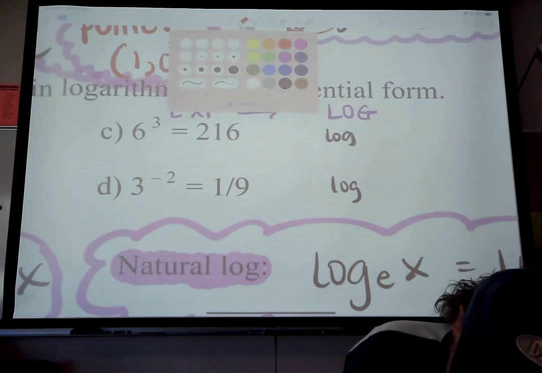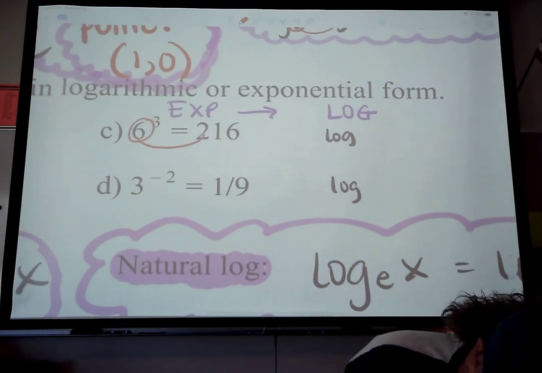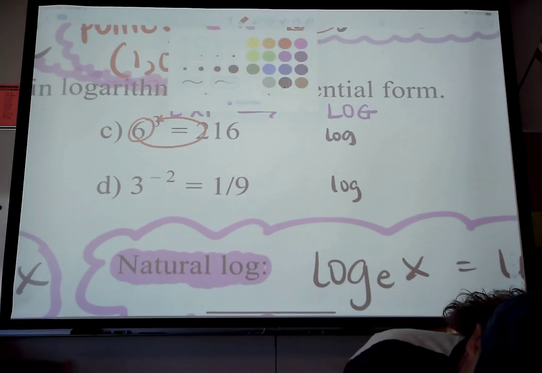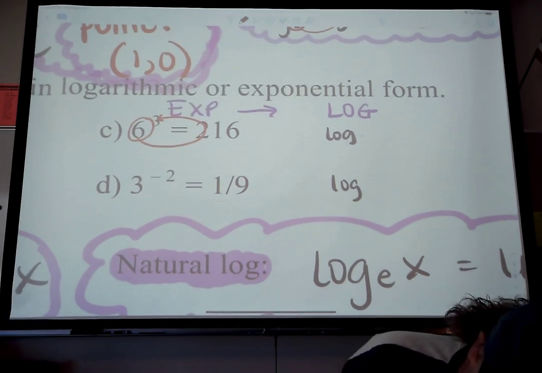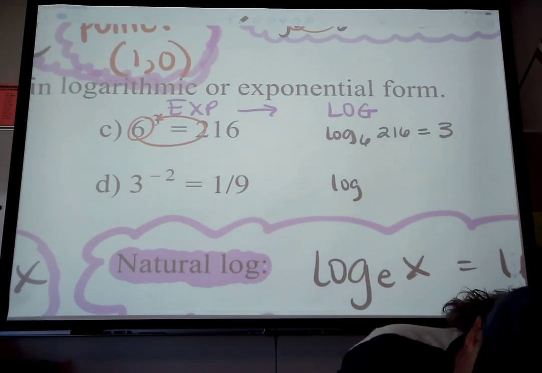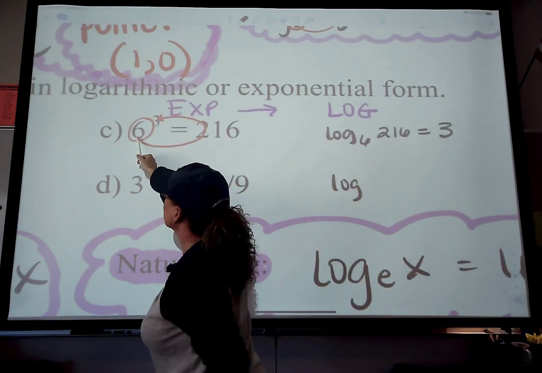So I'm going to go to my exponential. I'm going to start with the base, swirl around, end at the 3. So this is going to be log base 6 of 216 equals the answer, which is 3. See? Started here. This was my base.